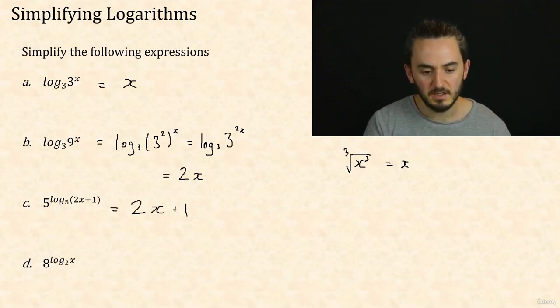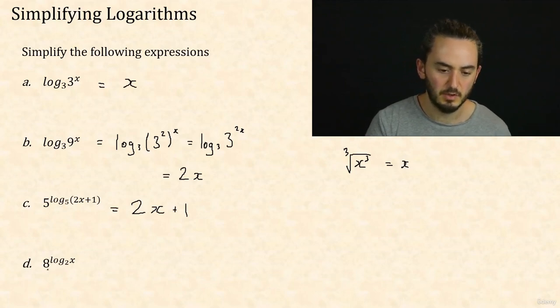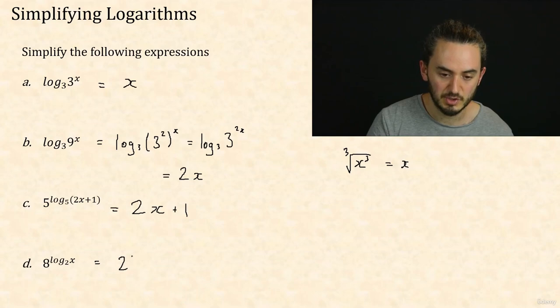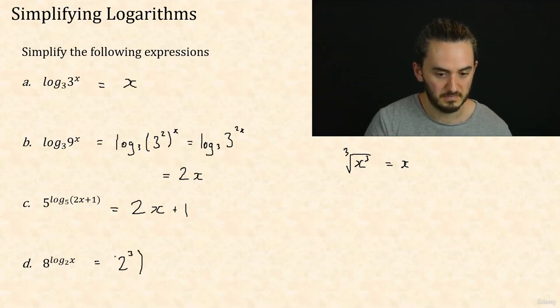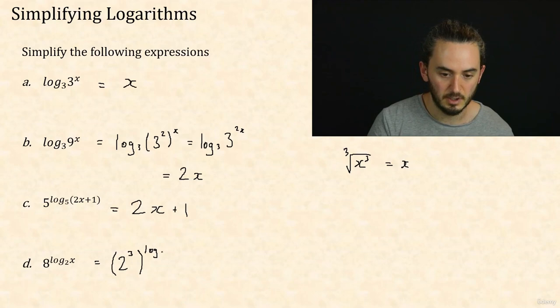And again here, a bit tricky because 8 is the base here and 2 is the base here, so they're not the same, but we can turn 8 into a power of 2 because 8 is 2 cubed. So we've got 2 cubed to the power of log base 2 of x.